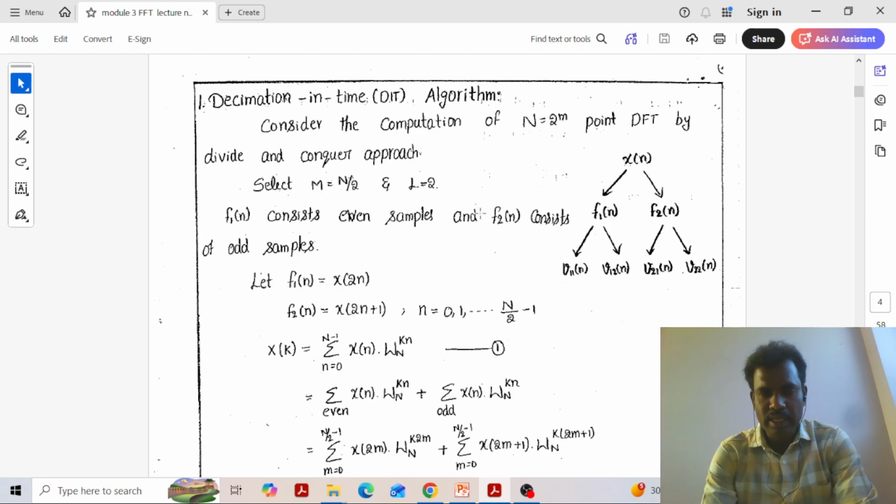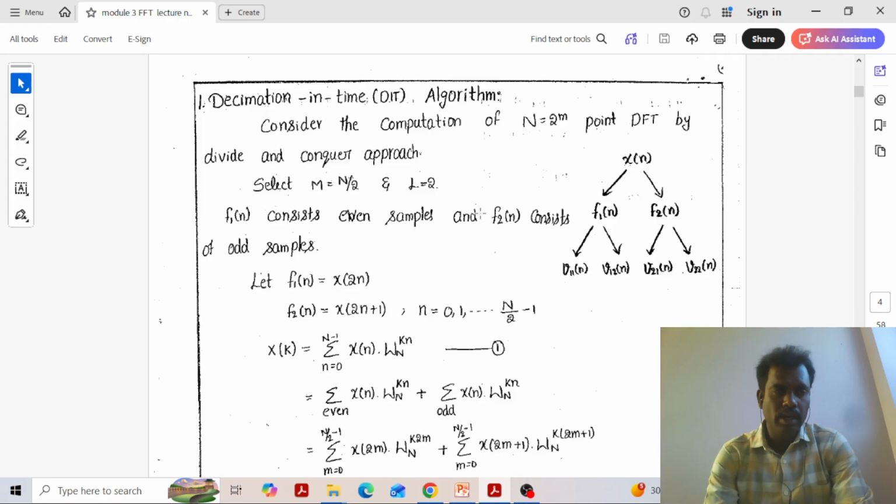So the number of samples must be 2 power 1, 2 power 2, 2 power 3, 2 power 4, 2 power 5 and so on. So 2-point, 4-point, 16-point, 32-point, 64-point and so on. It is not possible to use any other N values.